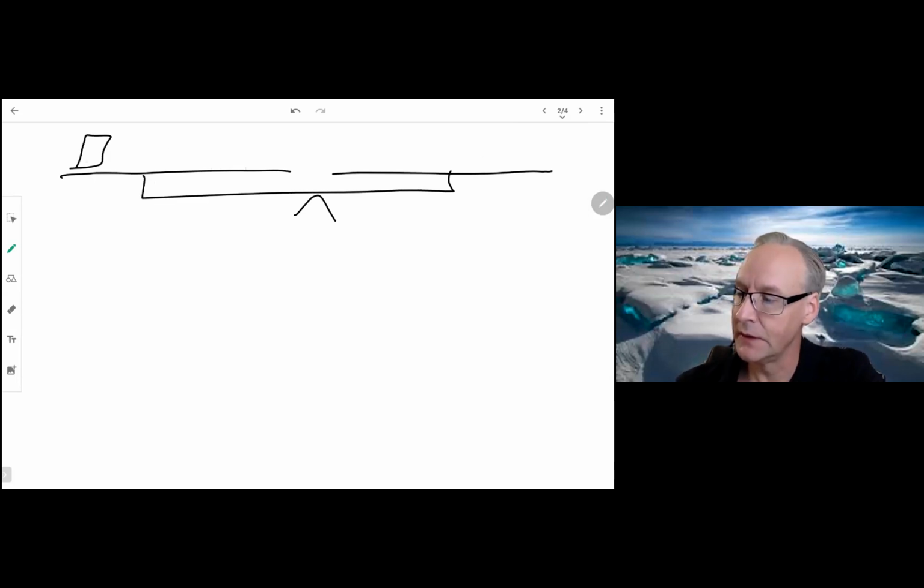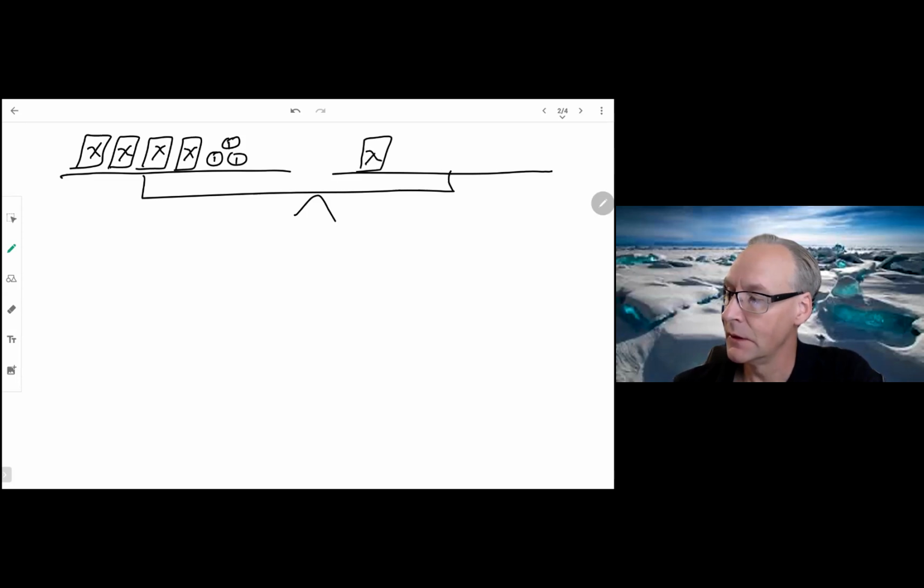And I'm going to go ahead and put some weights. Now, these weights are supposed to be equal and unknown. So we don't know how much weight we've got here. Now, these little round weights we know are 1 unit each. They might be 1 kilogram, they might be 1 gram, we don't know. On this side, we have another unknown, and we have some other weights here.